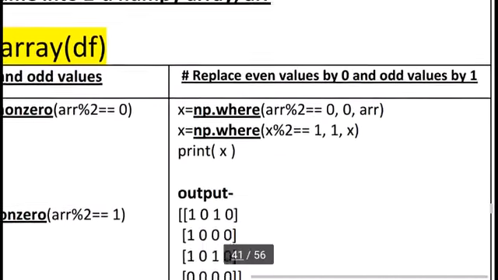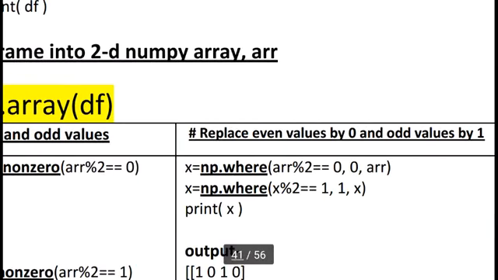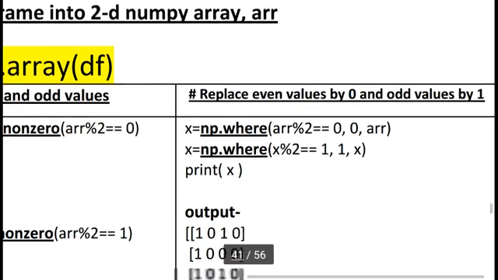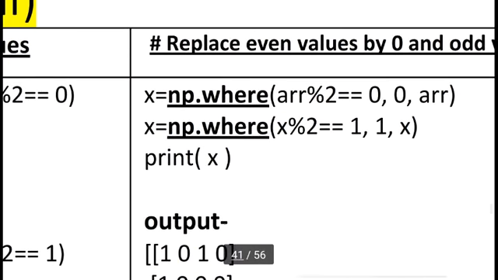Here is a new thing: we can also replace even or odd values. I want to replace even values with 0 and odd values with 1. So I am using the np.where method and array mod 2 equal to 0, so all the even values will be replaced by 0, and np.where array mod 2 equal to 1, so all the odd values will be replaced by 1.